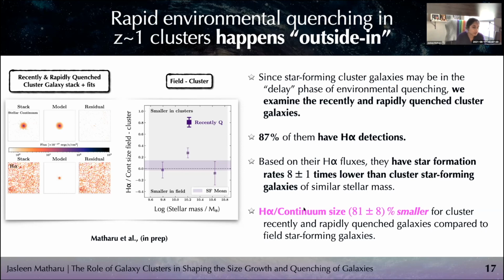The H-alpha to continuum size ratio is 81% smaller than the field star-forming galaxies. So not only are the H-alpha disks fainter, they're also smaller than their star-forming counterparts, suggesting rapid environmental quenching in redshift 1 clusters happens outside-in.